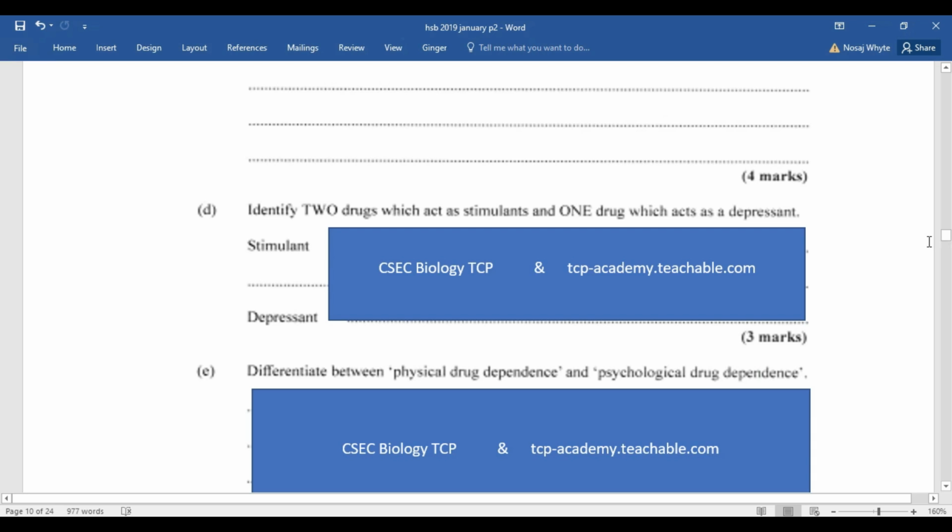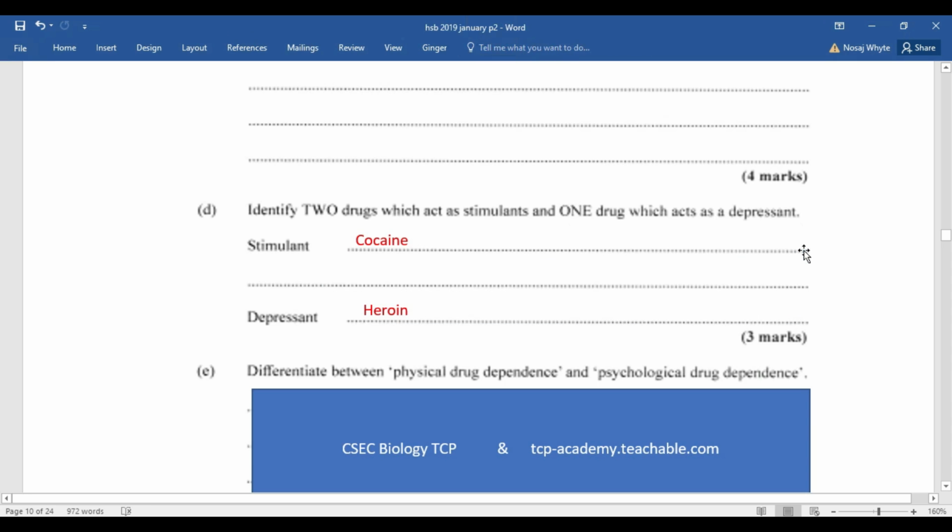Alright, identify two drugs which act as stimulants and one drug which acts as a depressant. Now we have not covered this yet, but we'll be covering this soon in one of our lives. There are some drugs that are depressants, and there are some drugs that are stimulants; we're looking at classification of drugs. So you need to know that.